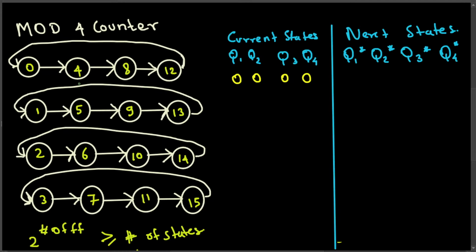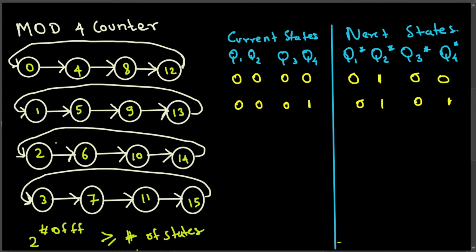And what is the next state? You can see that if it's 0, the next state is 4. So the 4 is going to be right here: 0, 1, 0, 0. And if it's 1, that is 0, 0, 0, 1, the next state is going to be 5: 0, 1, 0, 1.